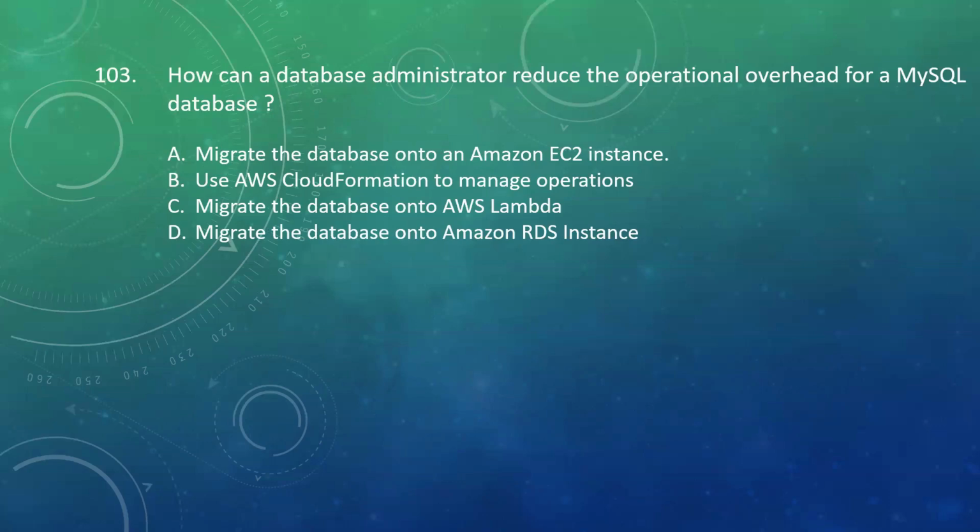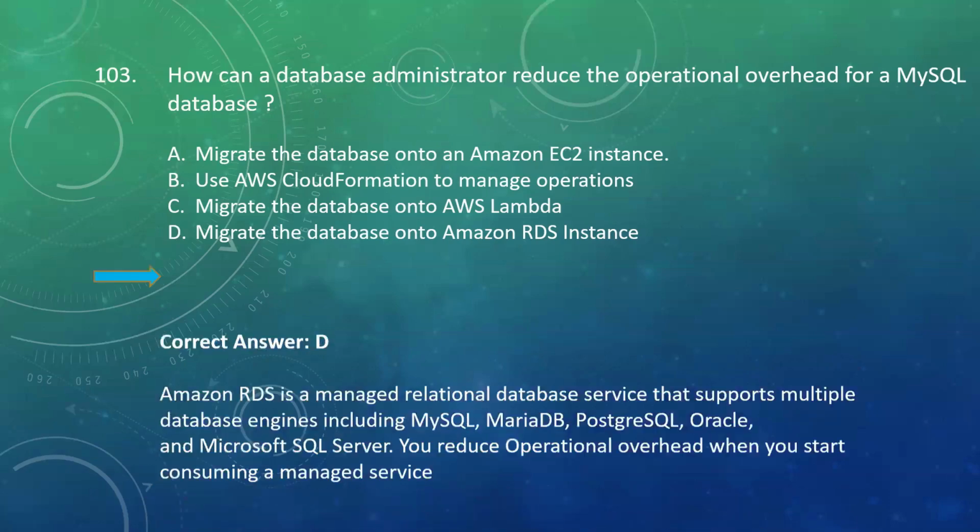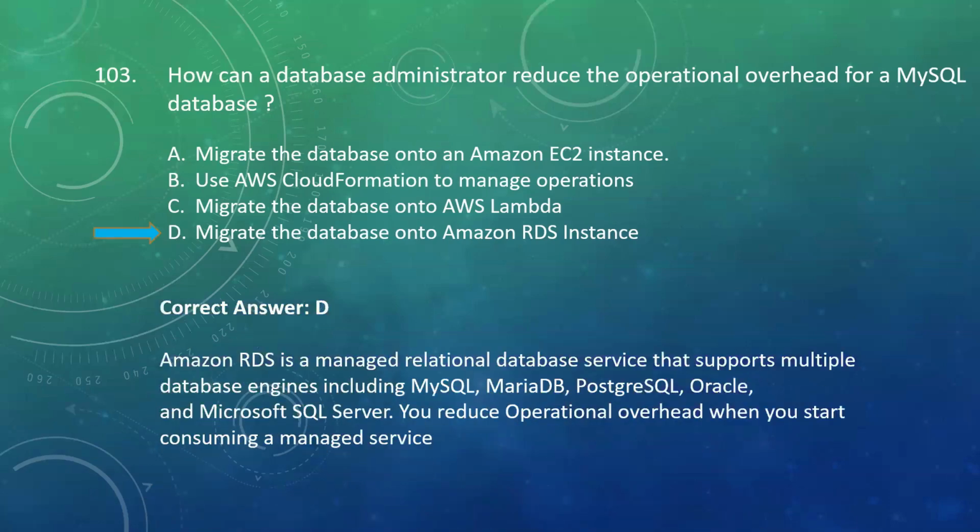Whenever there is a mention in the question to reduce the operational overhead, you need to look at any option which gives you a capability or a service which is a managed service. So in this case, the right answer is option D, migrate the database onto Amazon RDS instance.